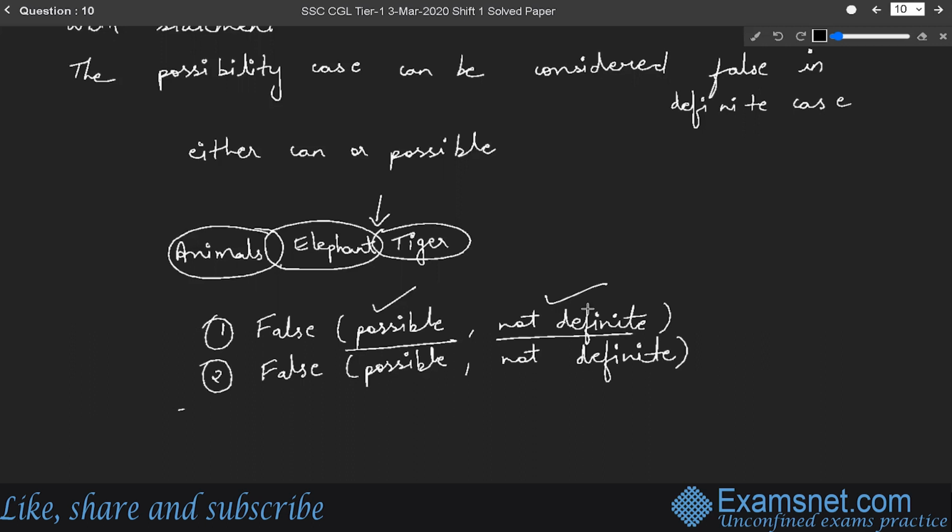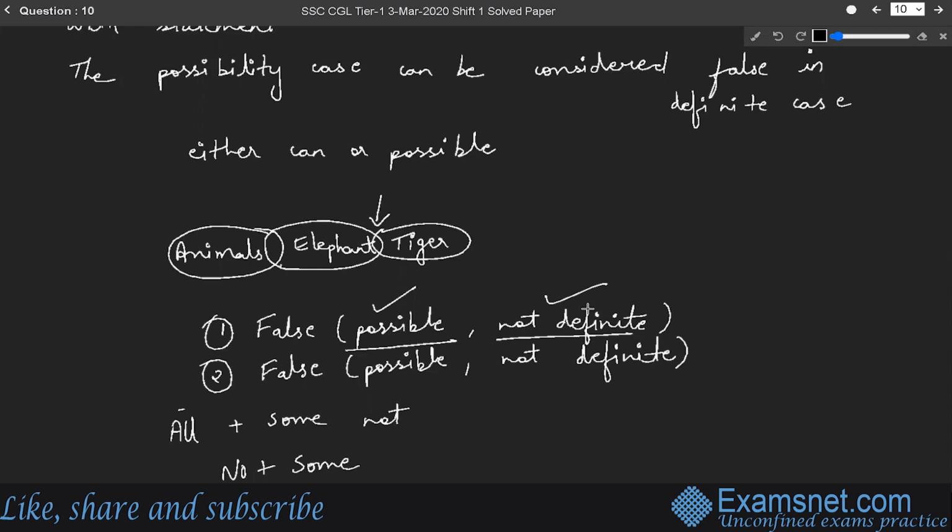Okay. So that is why both the conclusion should be positive and negative. In this way, they form a complementary pair. And do you know what are complementary pairs? Basically, there are two types of complementary pairs. First one is all plus some not, and second one is no plus some.